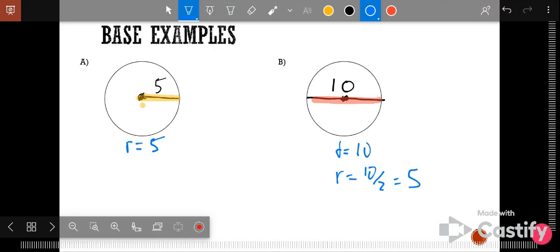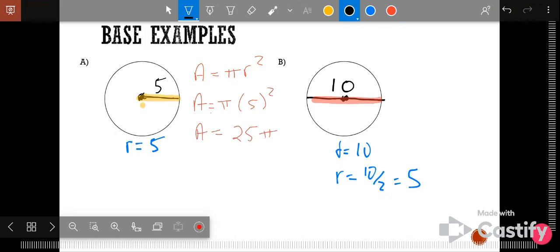And so if I go to actually work this problem out, I'm going to do area equals pi r squared, which means the area equals pi times 5 squared. And so the area equals 25 pi.